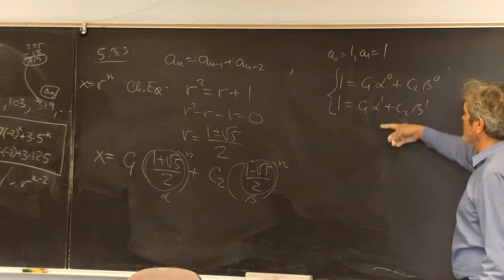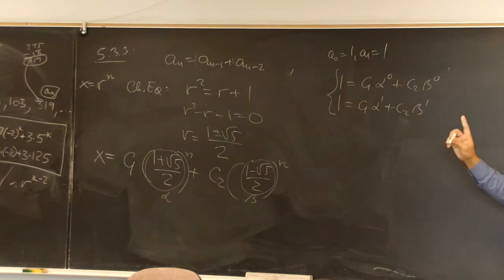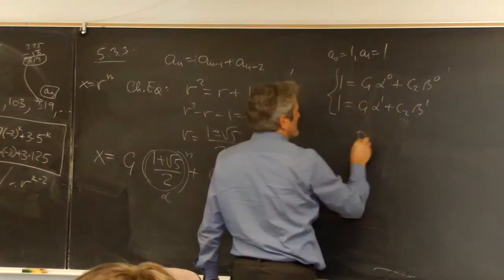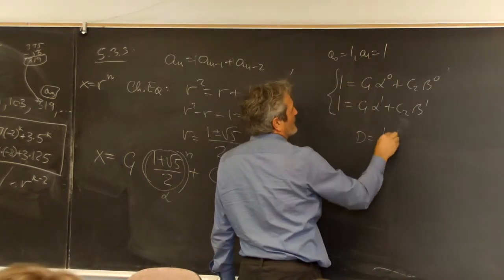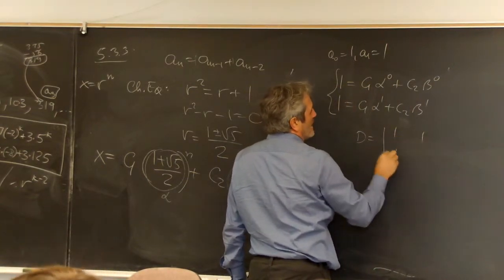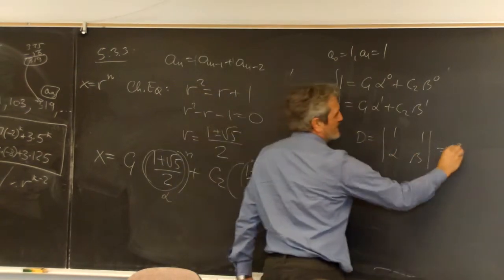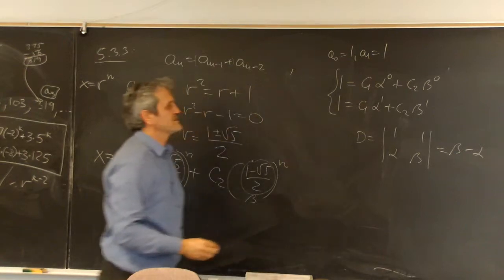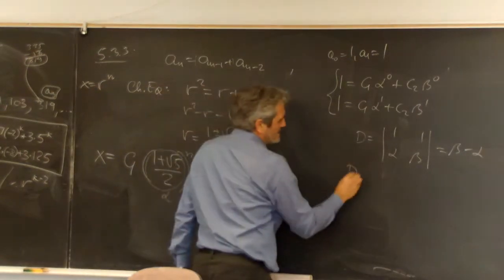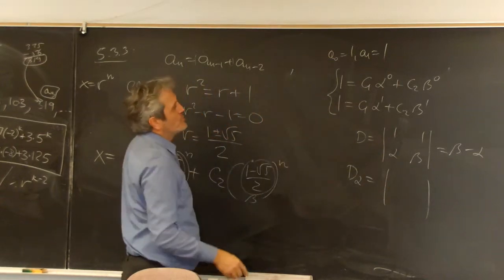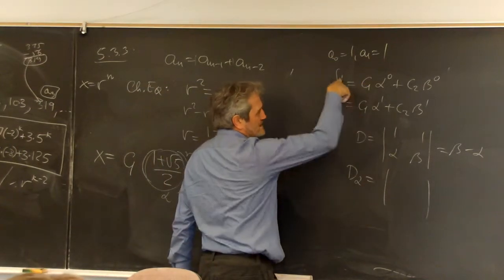Make a determinant of the, who are my variables here? C1 and C2. So the determinant of this system is what? Alpha, 1, 1, beta. So that would be beta minus alpha. So you put the determinant of coefficients. Then you do the alpha determinant. How do you get it? In the basic determinant, you replace the column of alphas with the right side.